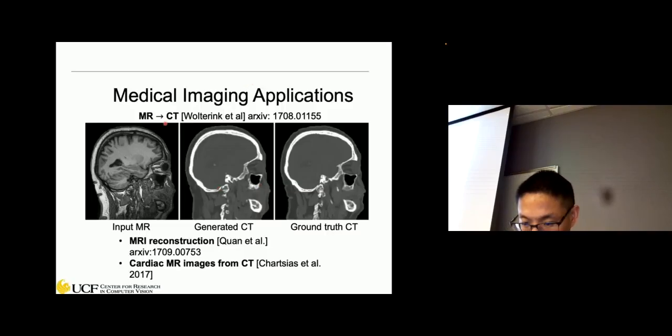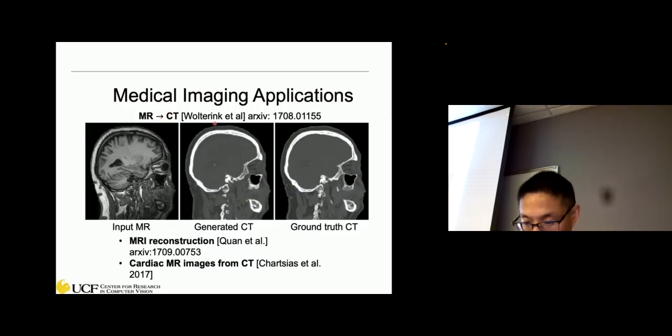One popular application is that we can generate between or across modalities. As I mentioned before, for one particular patient, you may not get multiple imaging modalities at the same time. Usually you take only the CT scan, or only the MRI.